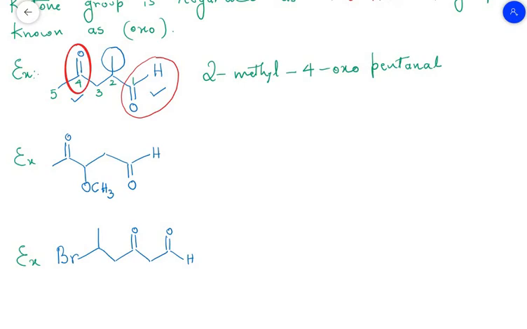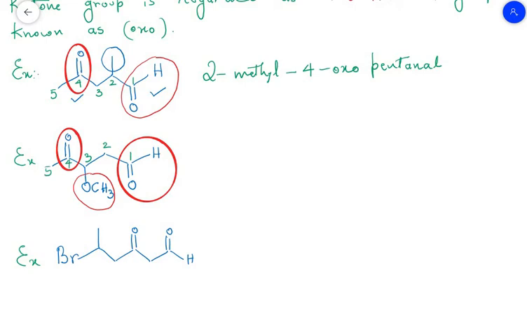In the second example, again we are having a terminal aldehydic group, a substituent called a methyl group here, and here we are having our ketonic group which is called oxo. When we start writing the numbers, this is the first carbon, second, third, fourth carbon and fifth carbon.